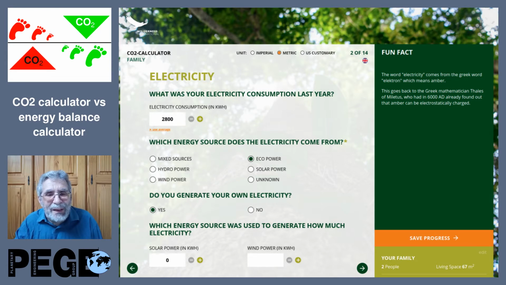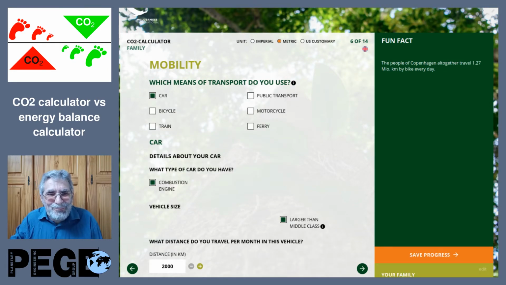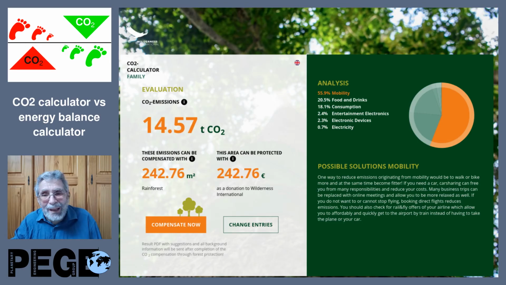And now I make a next test. Here I reduce my electricity to only 2,800 kilowatt hours a year. How this big reduction from 7,000? Very simple, because I replaced my electric car by a diesel engine car, by an internal combustion engine. And now let's look at what happens. A little bit more CO2 emissions.